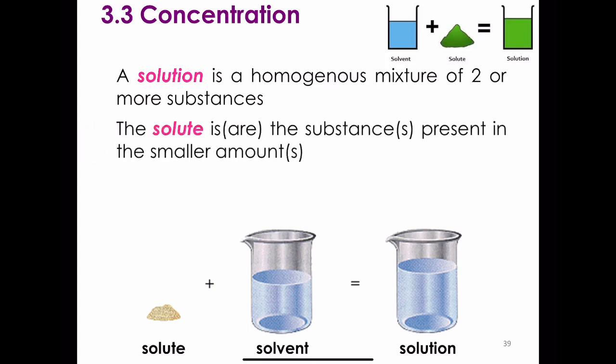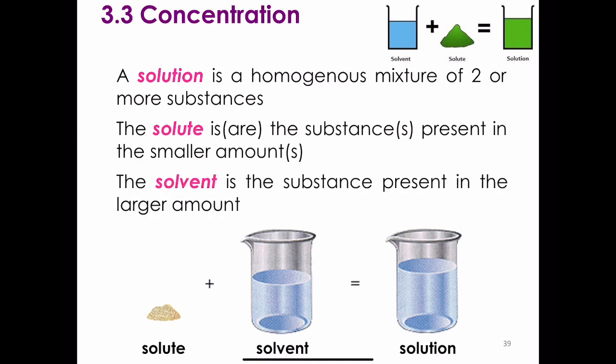So what is solute? So solute is the substance present in the smaller amount. Basically in Malay, this is what we call as zat terlarut. Okay, and then kita ada juga solvent. Solvent is a substance present in the larger amount.